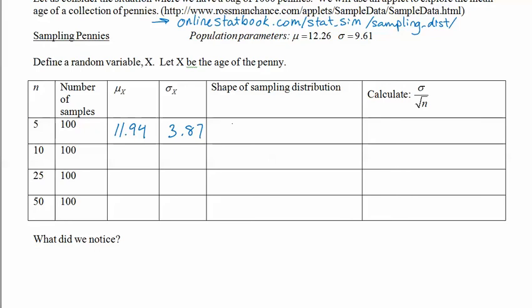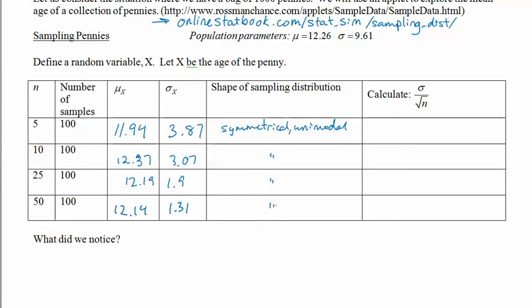They were all symmetrical, as we also found, and unimodal. The mean always stayed the same, roughly.